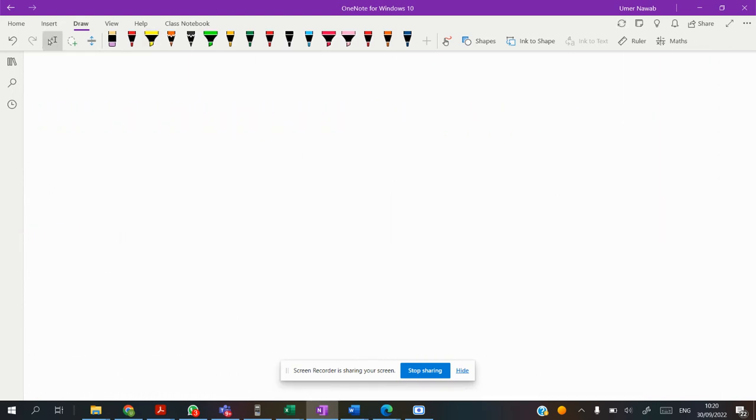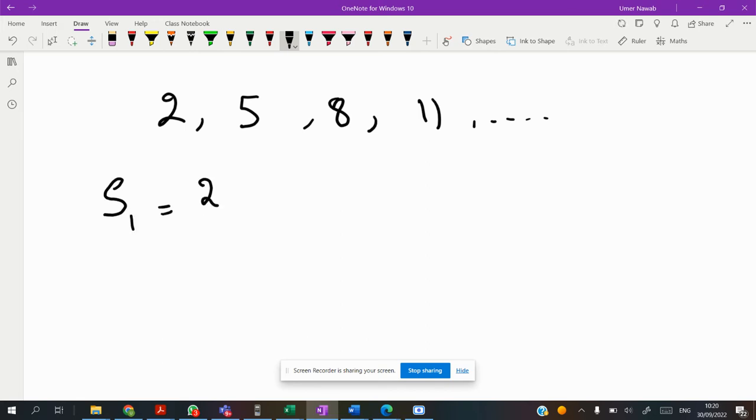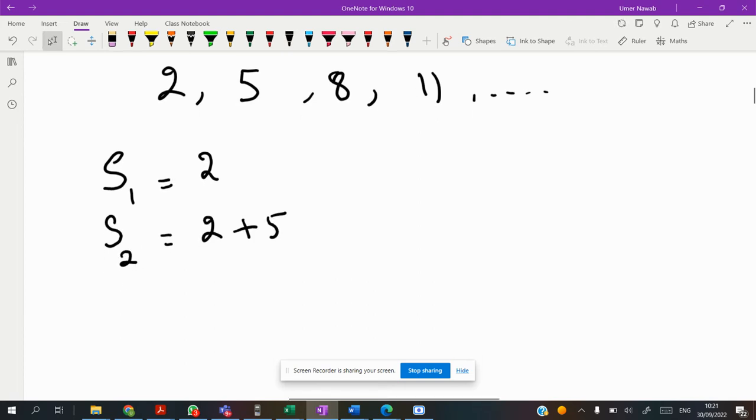Let me explain you the sum. So guys, the sequence which I wrote to you, 2, 5, 8, 11. If I want to find the sum of the first term, the first term is 2. If I want to find the sum of the first two terms, that has to be 2 plus 5. If I want to find the sum of the first three terms, that should be 2 plus 5 plus 8.